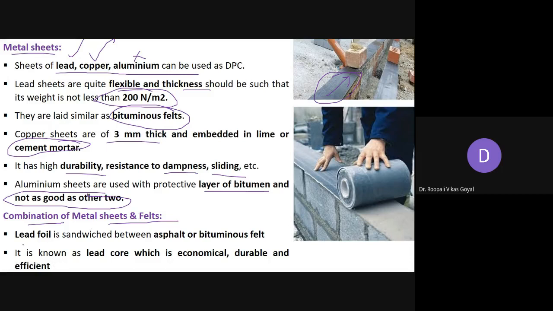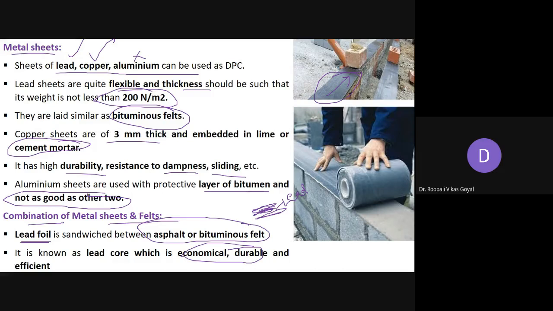So this lead foil, lead का जो भी foil है metal का, it is sandwiched between the asphalt और bituminous felt. मीन्स बीच में आपका लेड का शीट आएगा, ऊपर एंड नीचे आपके एसफाल्ट या बिटुमिनस के फेल्ट आएंगे. सो इट्स अ कॉम्बिनेशन एंड इट इज़ नोन एज द लेड कोर. सो इन बिटवीन यू आर हैविंग लेड, बीच में आपके लेड रहेगा एंड ऊपर नीचे आपका बिटुमिनस का शीट रहेगा, ऊपर और नीचे बोथ एसफाल्ट का या बिटुमिनस का. सो जनरली इट इज़ नोन एज द लेड कोर which is economical, durable and efficient.